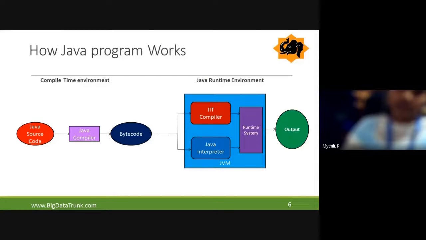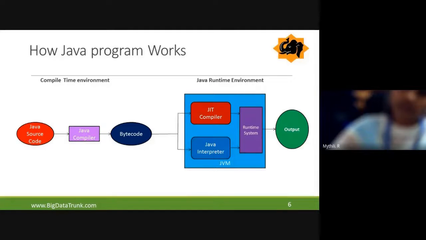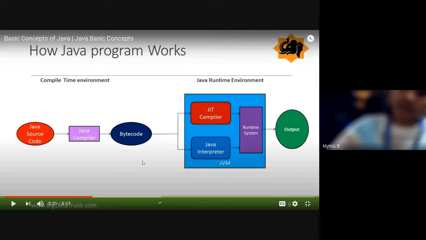Here, half of the phase includes the Java compile time environment and half includes the Java runtime environment. After conversion of Java source code into bytecode, this bytecode enters the Java runtime environment. The JVM is a combination of the Java interpreter, the JIT just-in-time compiler, and also the runtime system.